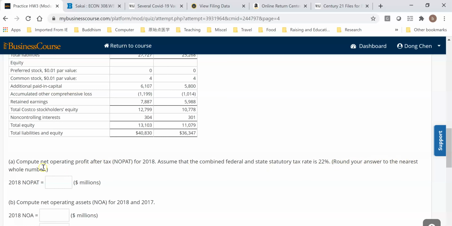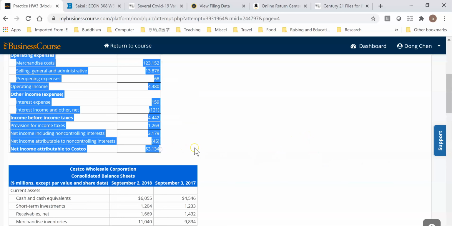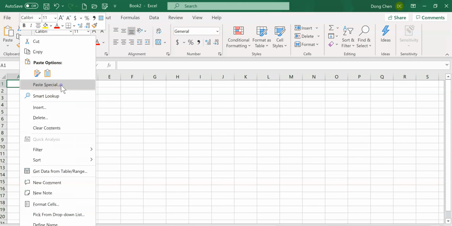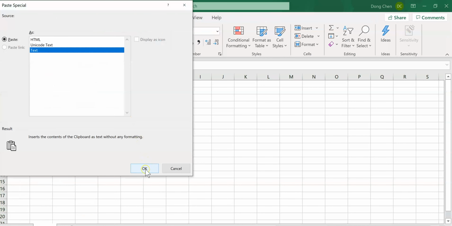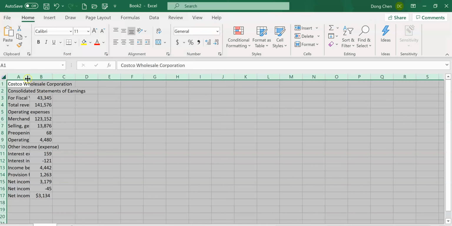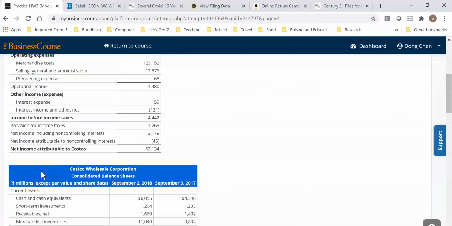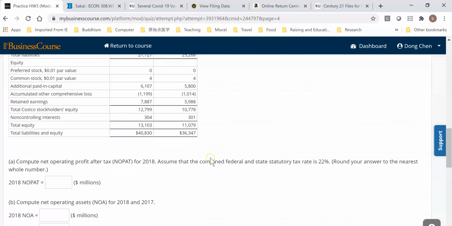In order to facilitate the calculation, let me first copy the numbers into Excel. First, I copy the income statement, and then I copy the balance sheet.